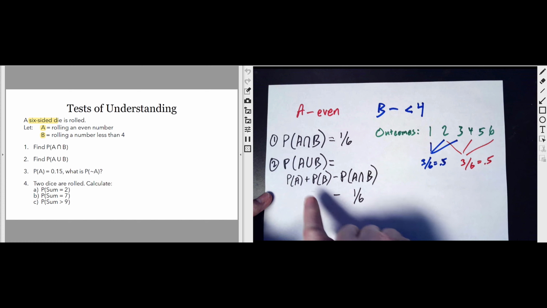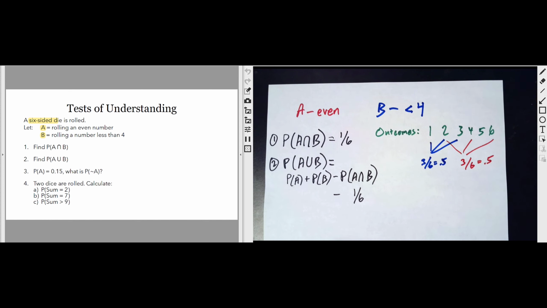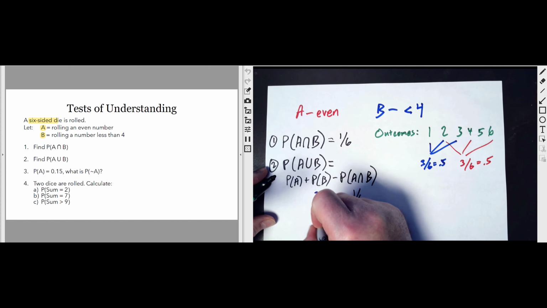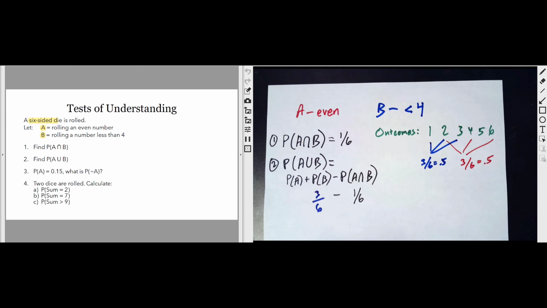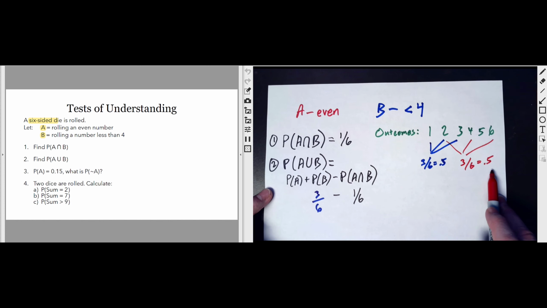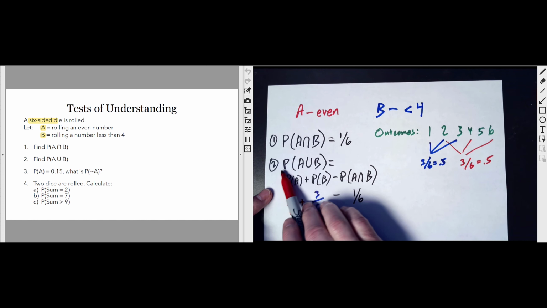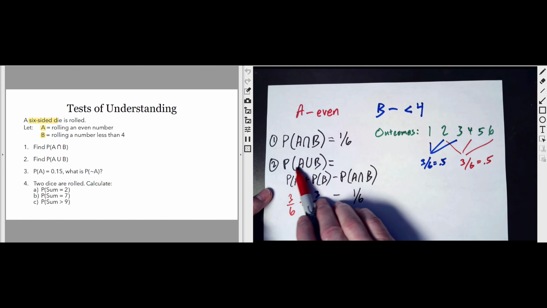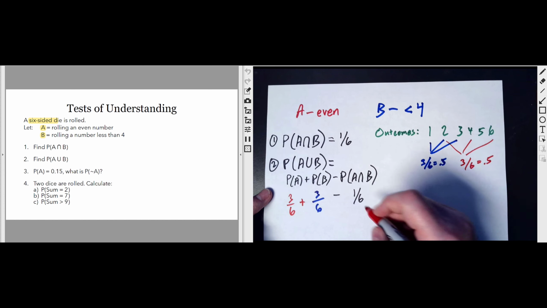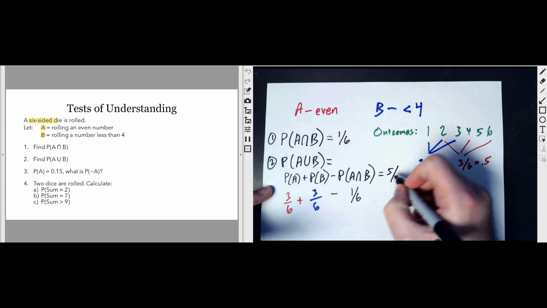We know that the probability of B is 1/2, let's say 3/6, just to have the denominator the same everywhere. And likewise, the probability of A, the probability that we get an even number, is also 3 out of 6. So the probability that we get either an even number or a number less than 4 is 3 plus 3 minus 1, is 5 out of 6. So this is 5 out of 6.